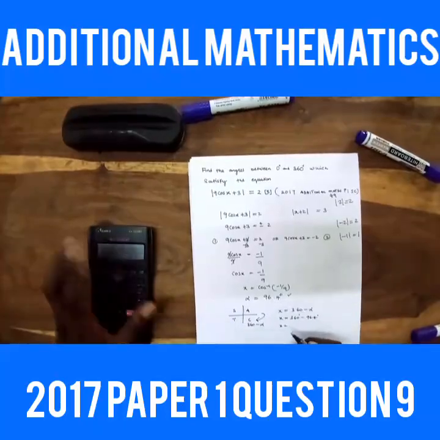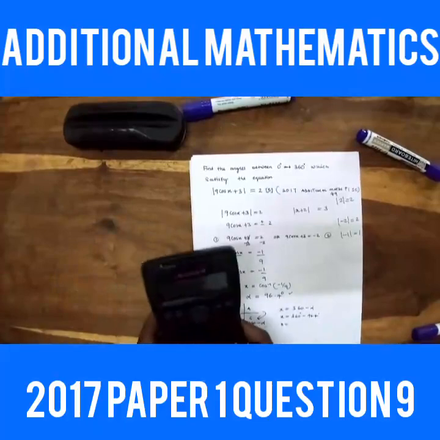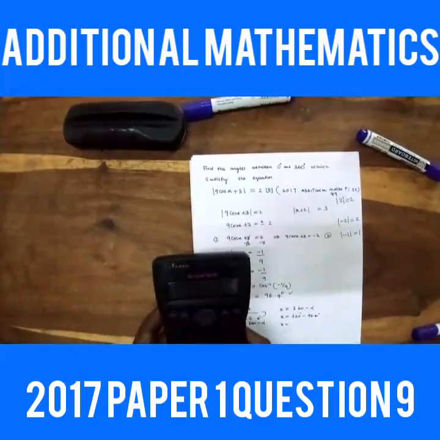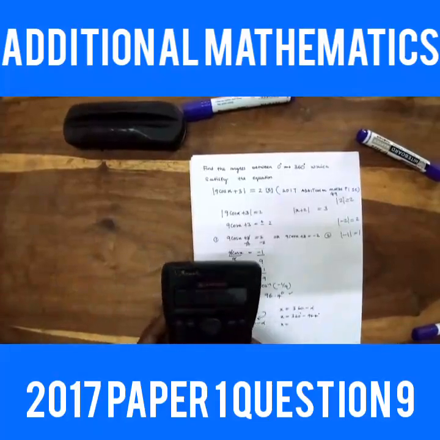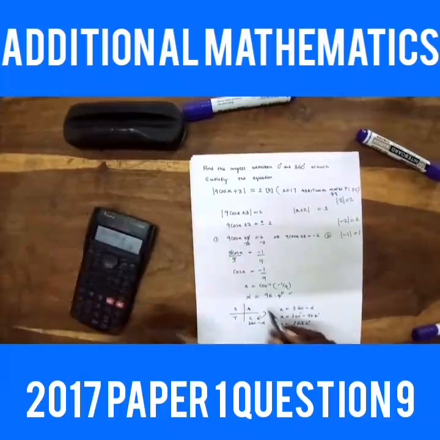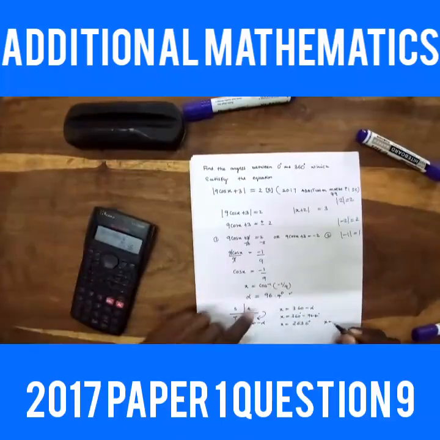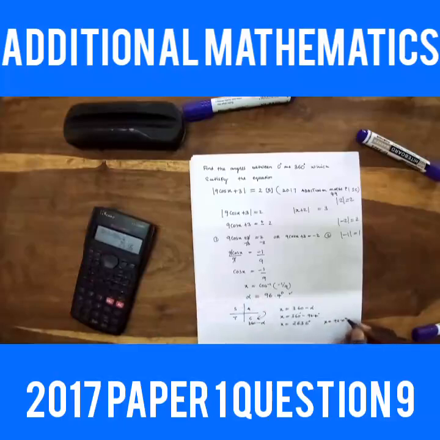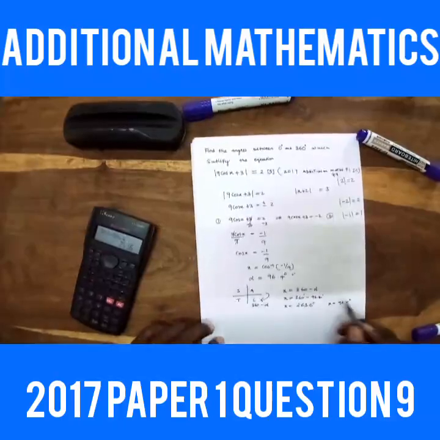So we're getting x as 263.6 degrees. Since alpha came out as positive, it will be included in the solutions. So even alpha is our answer, 96.4 degrees. So this is just for condition number 1.